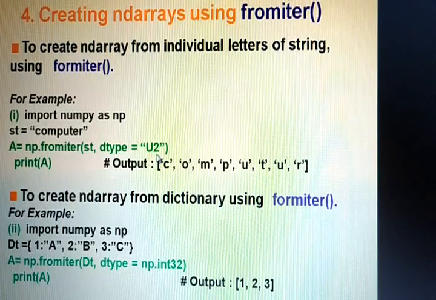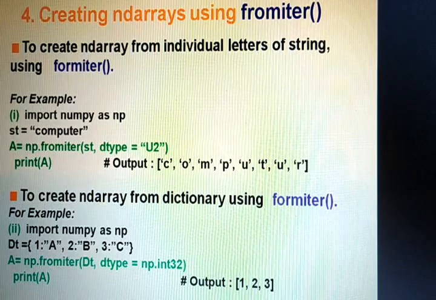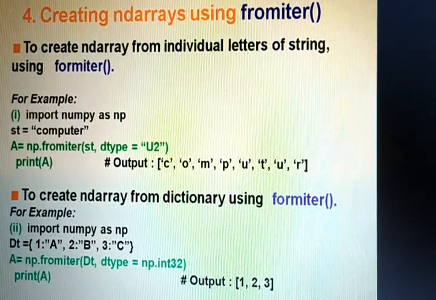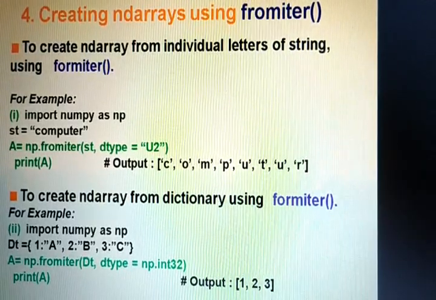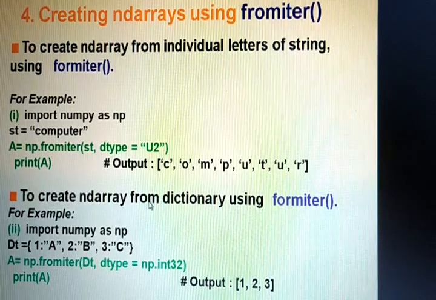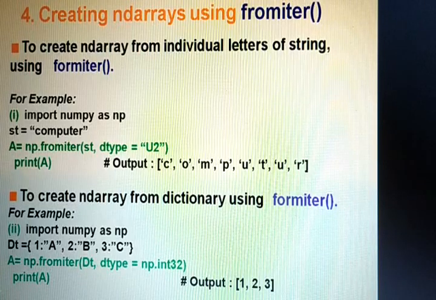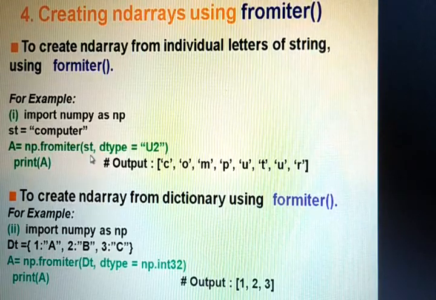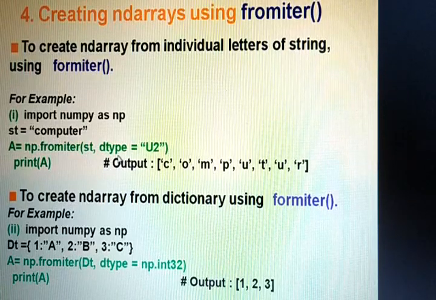You can define U1, U2, U3, U4, and so on. After this slide, in the next slide, the list of data types is given and you can read about all the data types that can be utilized to define the data type. Now come to the point. Here a equals np.fromiter with st, the string computer, and dtype U2.